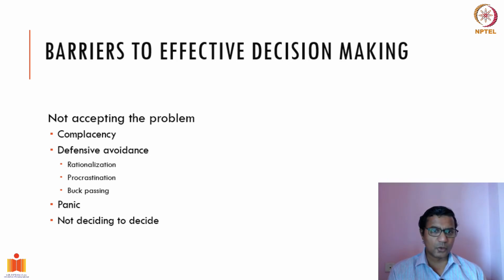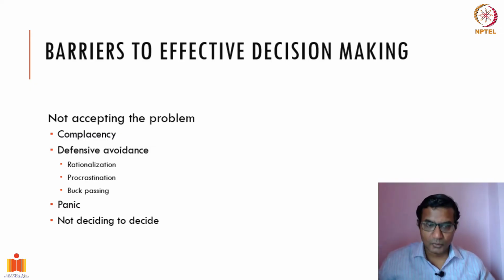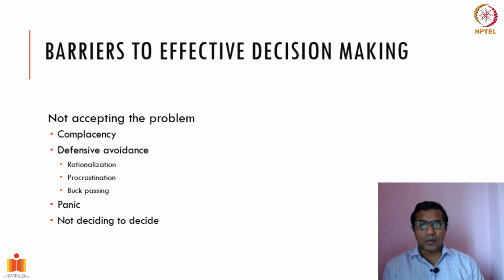You don't even want to accept that there is a problem. Why don't organizations even want to acknowledge a problem? Because if they acknowledge a problem, they have to act upon it, and acting upon it requires a lot of resources. So better not to worry about the problem unless and until it becomes a very blaring or serious problem.